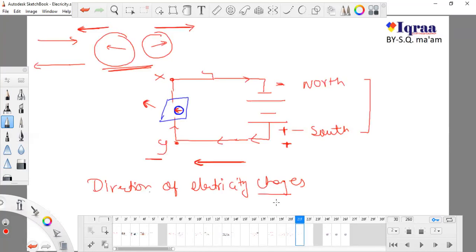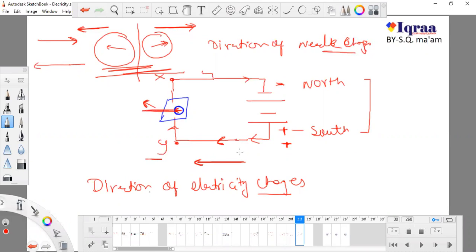I will continue this on Monday: as the direction of the electricity or current changes, first it was like this, and second it was like this, so the needle also gets deflected, and the direction of the needle will change. On Monday I will tell you why it changes its direction according to the change in the direction of current.